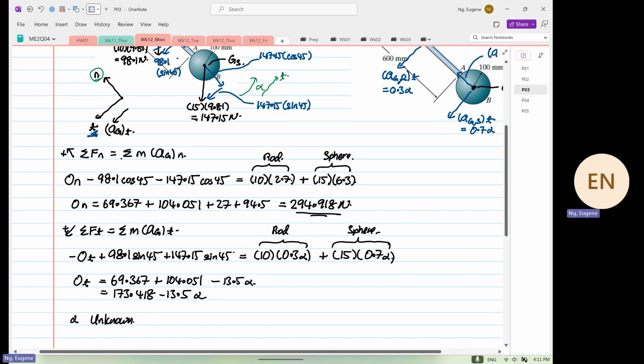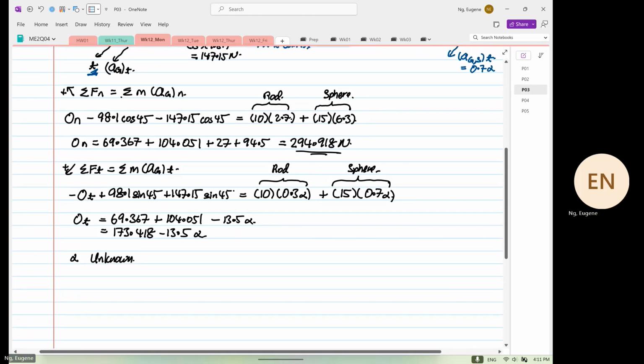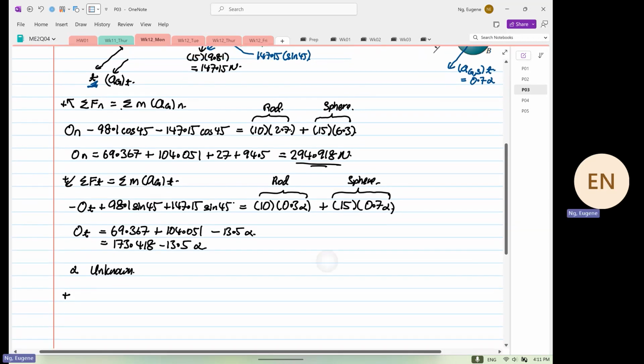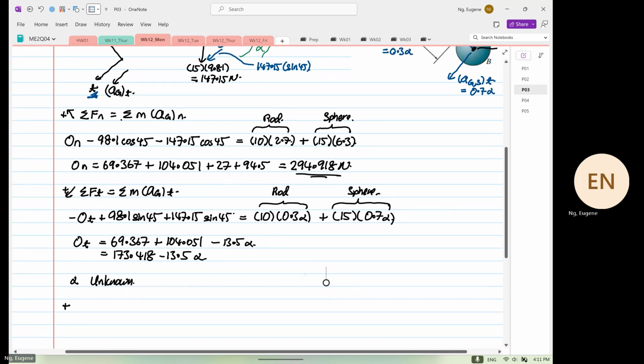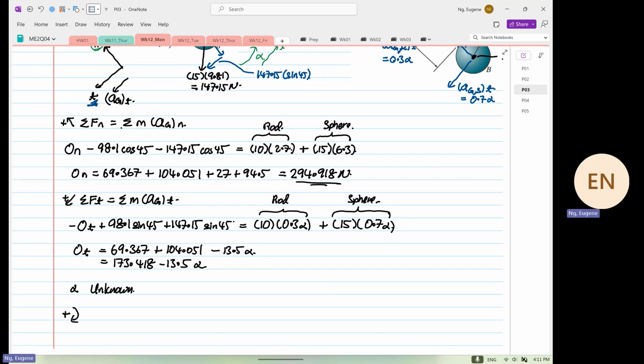So that's where we form our third equation. For the fun of it, I'm going to try this out. Anything that's clockwise is positive.